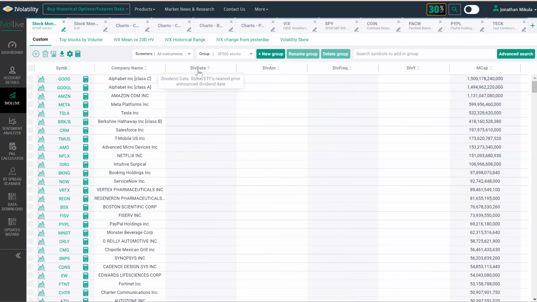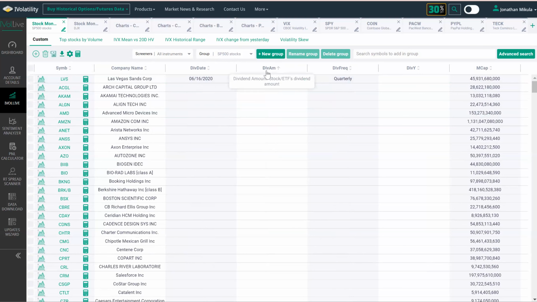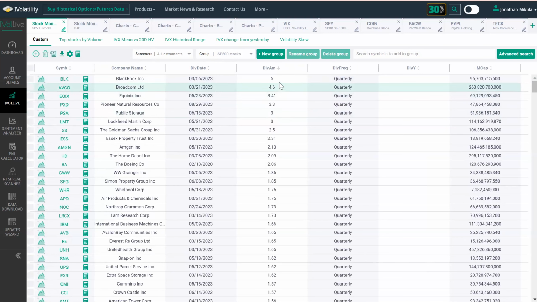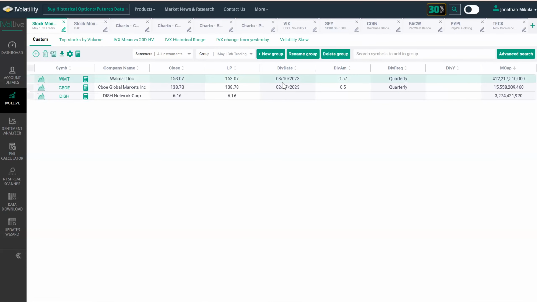So now what I could do is I could filter by dividend date, who's got the furthest out, who's got the most recent. I could filter by dividend amount, who's the highest absolute amount. In this case, it's BlackRock, $5 a share. And then we could do frequency as well. And then we have our market caps over here.